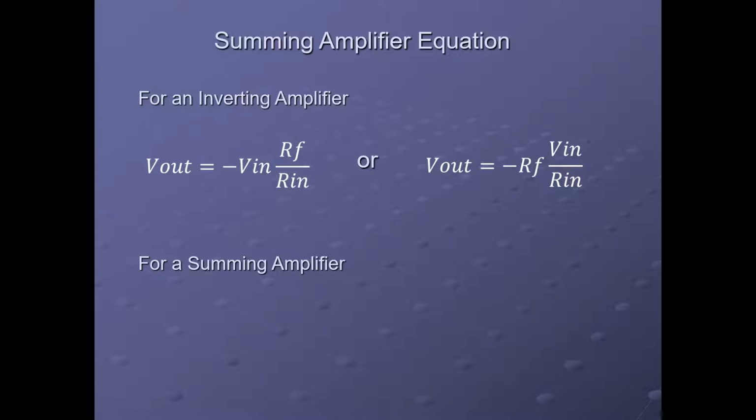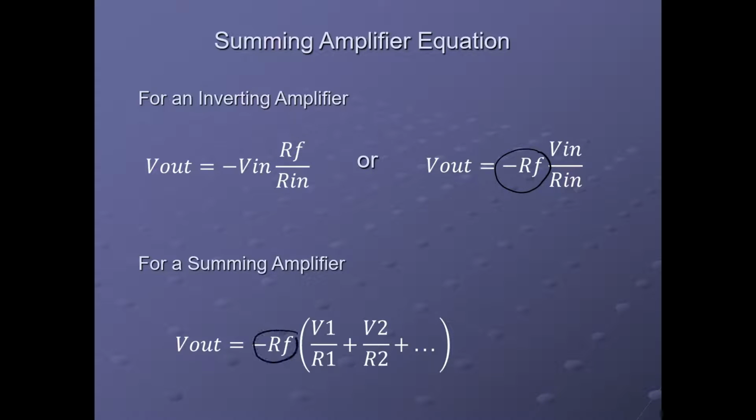For a summing amplifier, we've got this, and you can see that it looks quite similar. V out is minus RF. Look, we've got the minus RF up here, and we've got the minus RF here. And then we've got V in over R in. Well, that's V in, and that's R in. It just so happens that for a summing amplifier, we've got multiple V-ins and multiple R-ins. So we call them V1 and R1, not V-in and R-in, because that would get confusing.